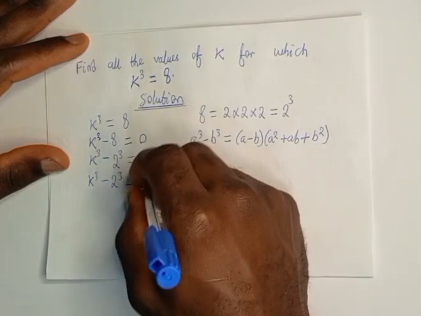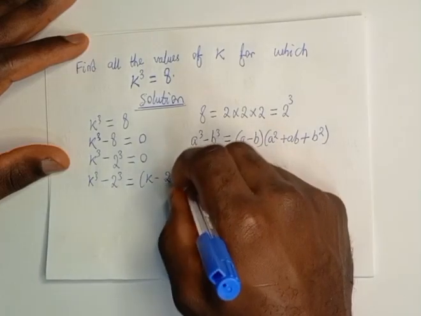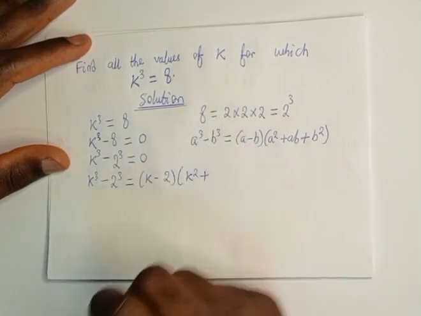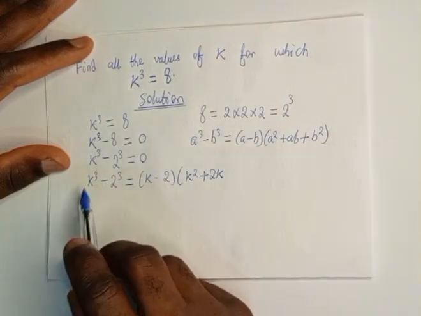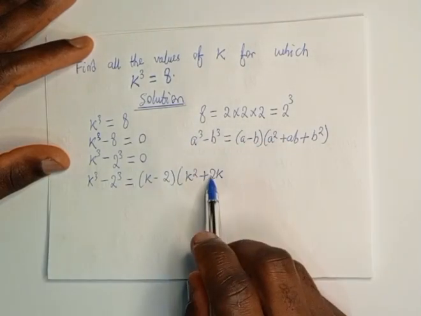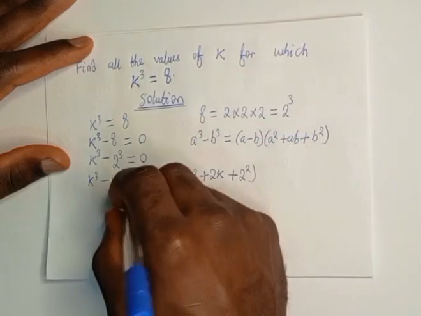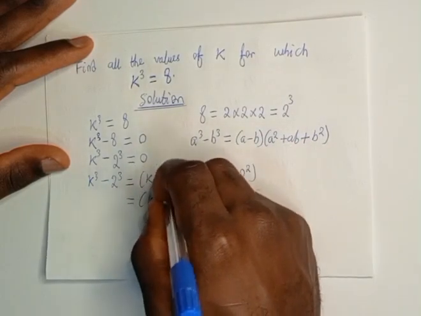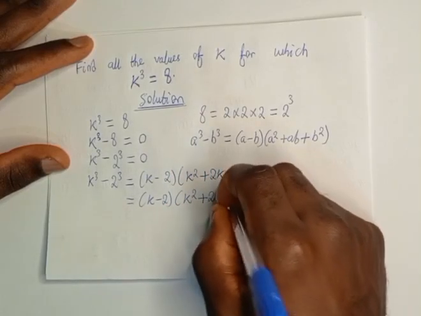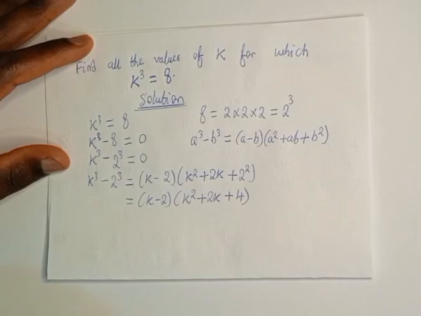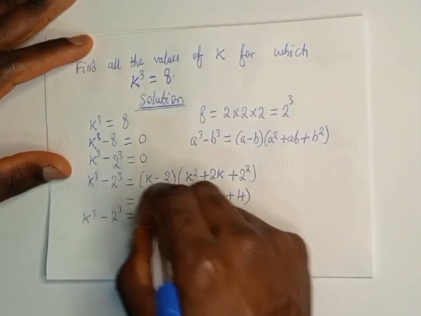This will give us k minus 2 times k squared plus 2k. k times 2 gives us 2k, plus 2 squared, which is 4. k cube minus 2 cube equal to 0.